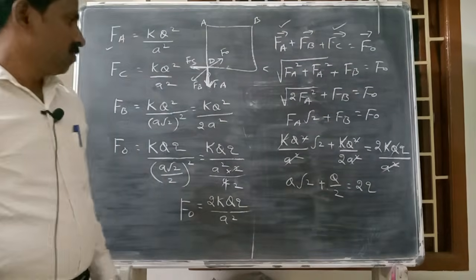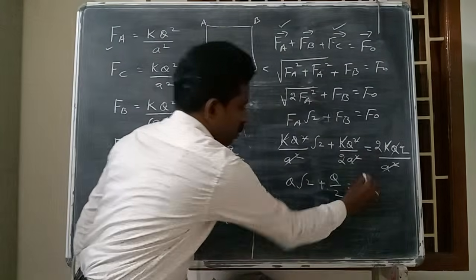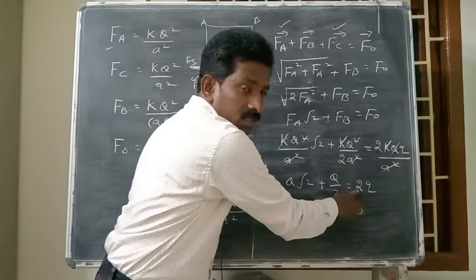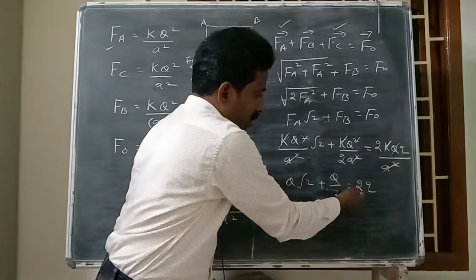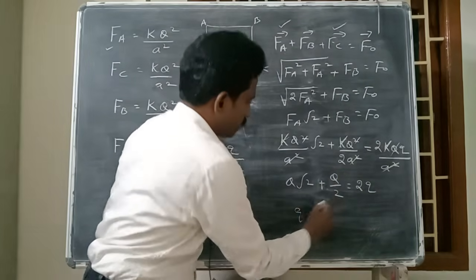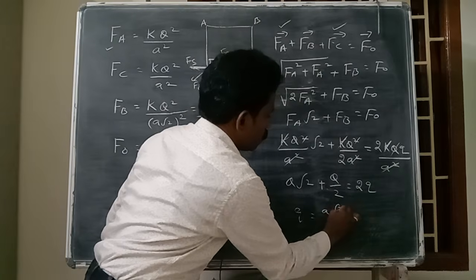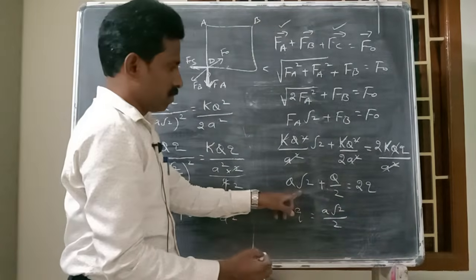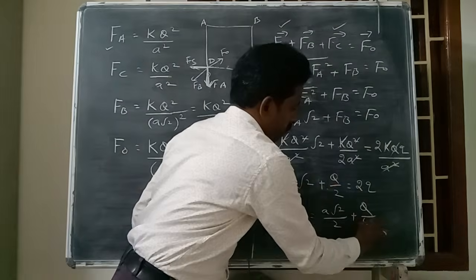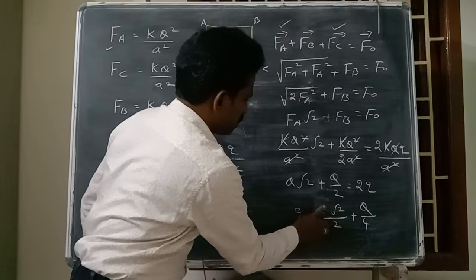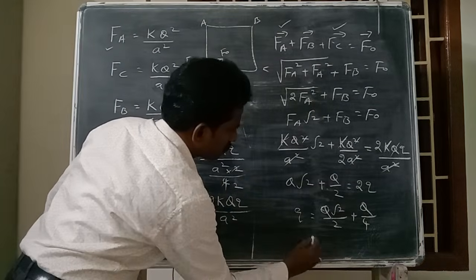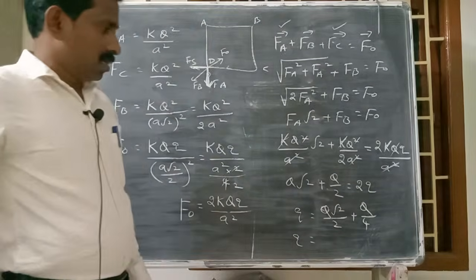Here we want this small q, so small q equal to what? Here 2 is multiplying, so if you bring this to this side, it will go to the denominator. So Q root 2 by 2 plus Q by 2 into 2, that is 4, Q by 4. Here it is Q, this is not a. So we can write what in the options.